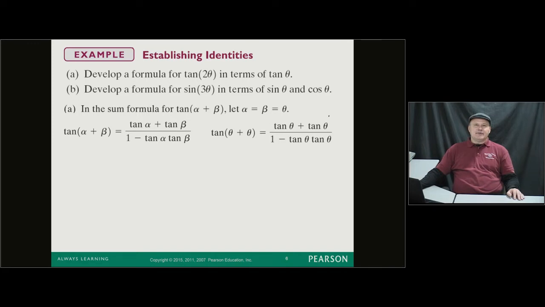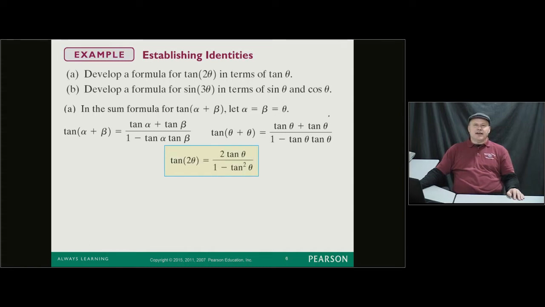Now, in this case, tangent of 2 theta is the same thing as the tangent of theta plus theta. So in this case, alpha is theta and beta is theta. So we just take both of the alphas and betas and replace them with thetas. When you do that, it's tangent of theta plus tangent of theta over 1 minus the tangent of theta times the tangent of theta, which gives you the identity.